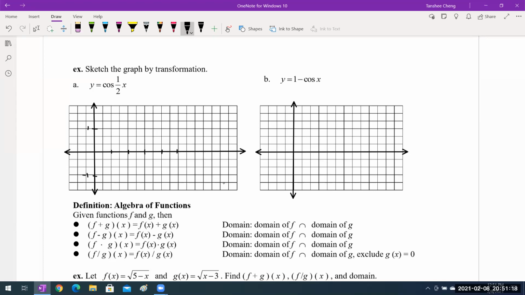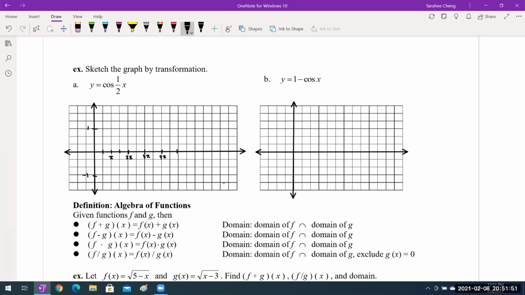Cosine of 0 is 1, and cosine of pi over 2 is 0. Cosine of pi is -1, and then so on and so forth. 3 pi over 2, and then 2 pi, 3 pi, 4 pi, so on and so forth.